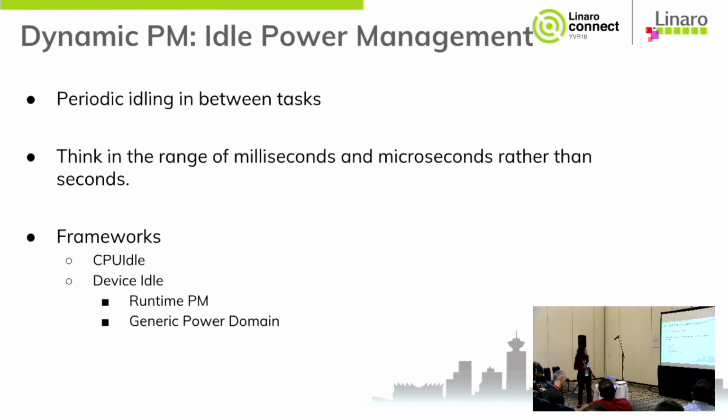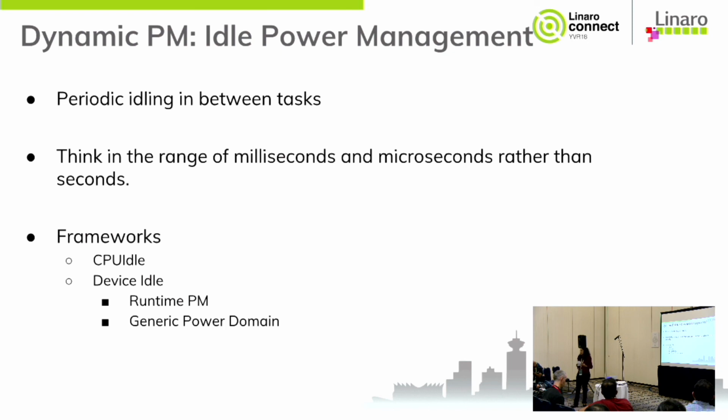Okay. So that was the active part of the active power management. And now there is an idle part to active power management, where the idle time is more like milliseconds and microseconds and not minutes and hours together. So it is basically periodic idling in between tasks.